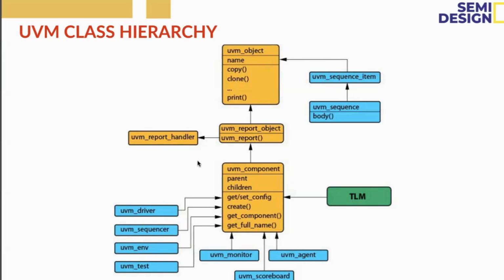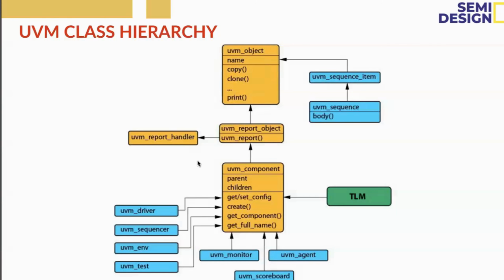Ma'am, may I know why only UVM sequence item and UVM sequence are derived from UVM object? Okay. Do we write UVM sequence items from the component?